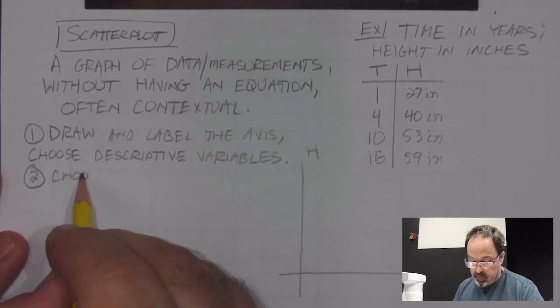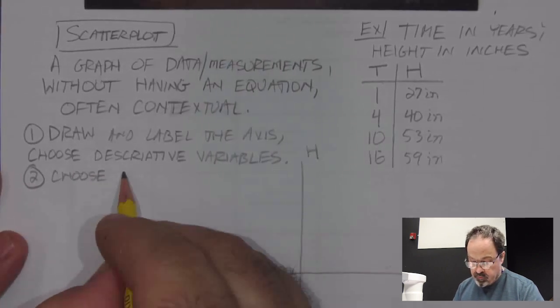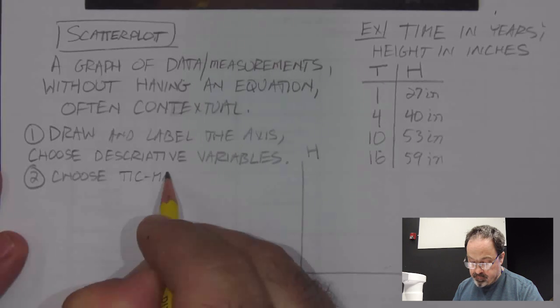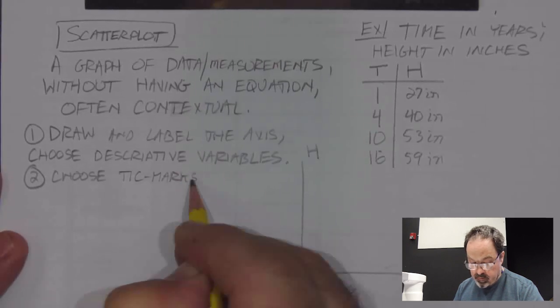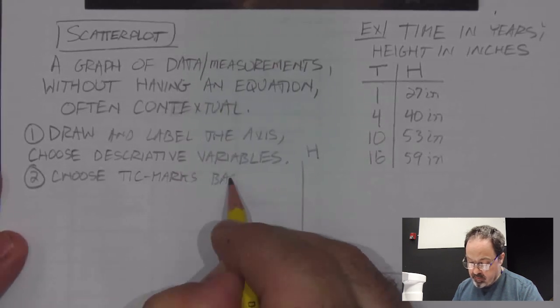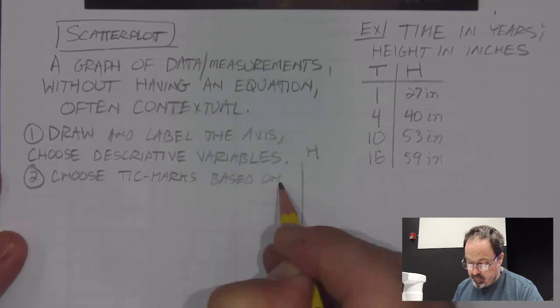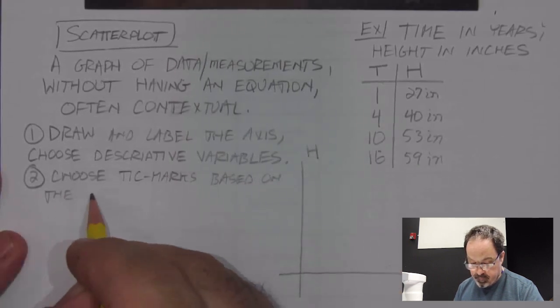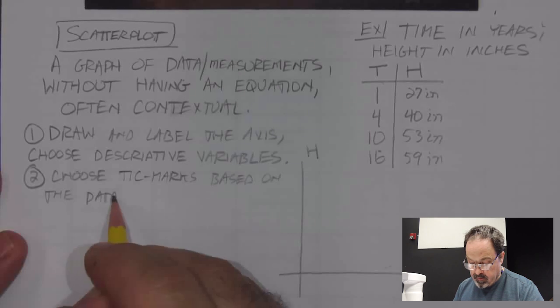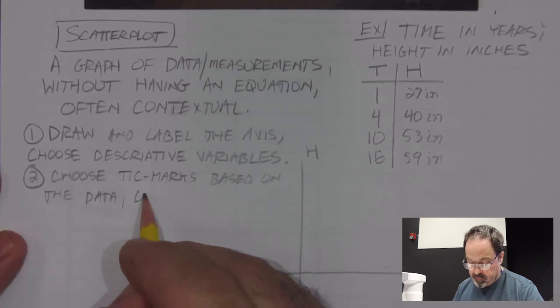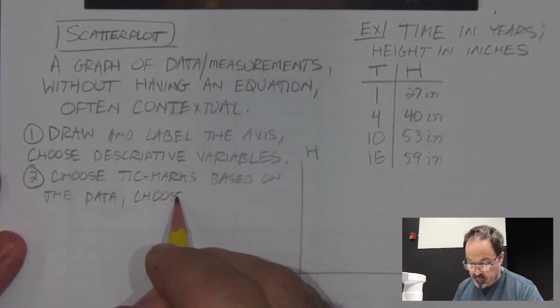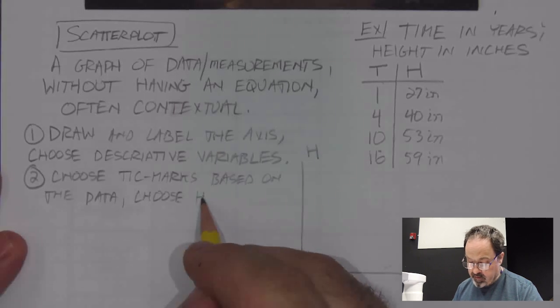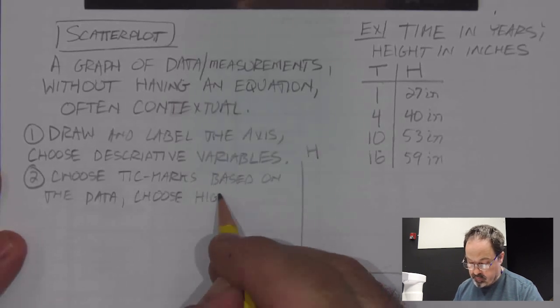The second thing that we're going to do is we're going to choose tick marks based on the data. And a little more specifically, we're going to look for and choose highest values first.